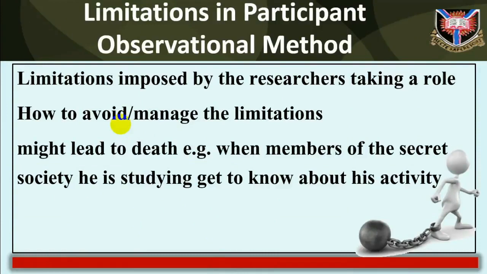He may openly let his subjects know that they are being studied or may not reveal his real identity, assuming some plausible role such as taking a job. Finally, participant observation method might lead to death, for example, when members of the secret society he is studying get to know about his activity.